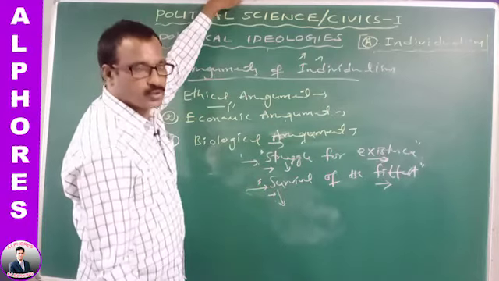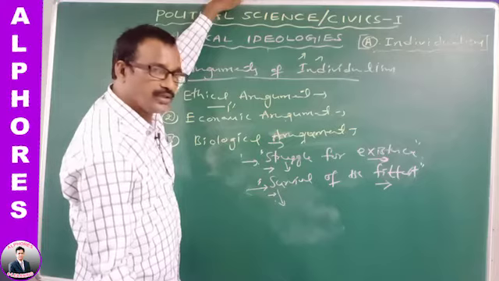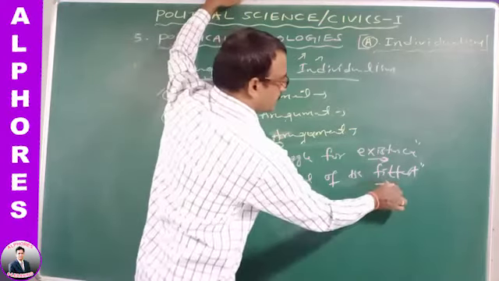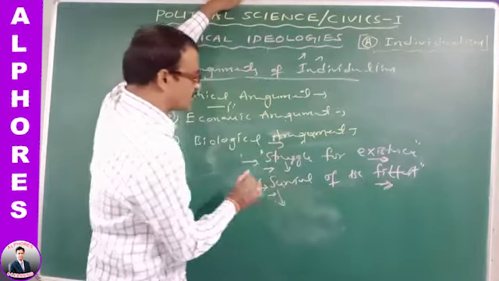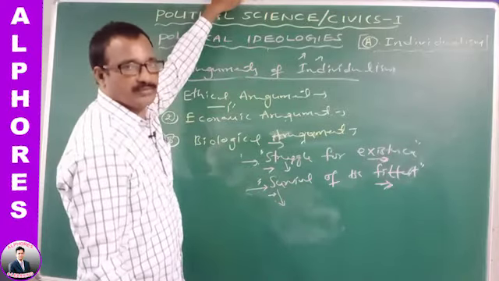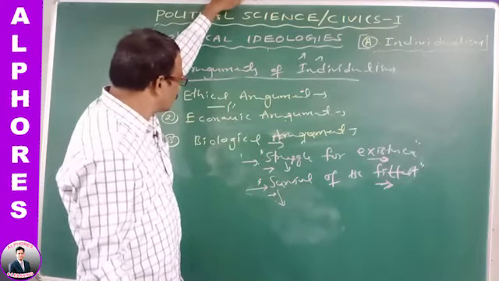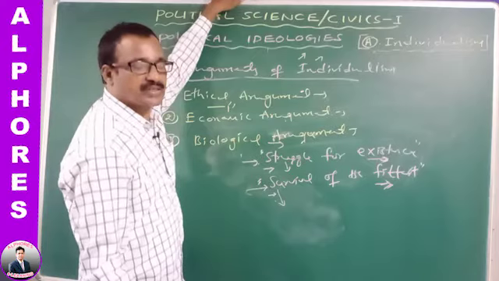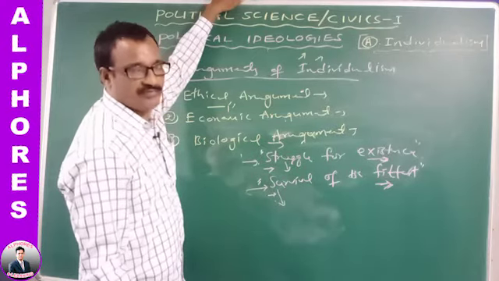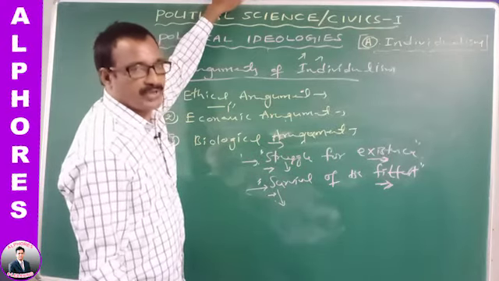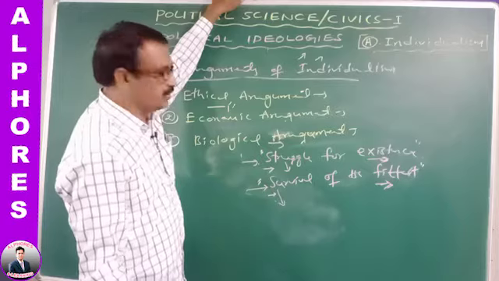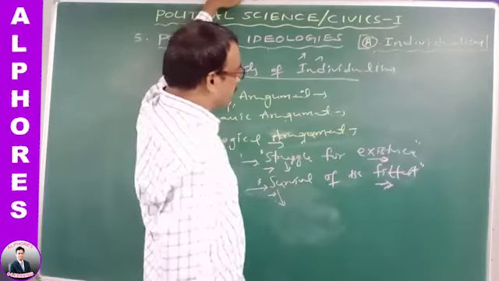Clear? So who will survive in society? Only the fittest persons, meaning the strong sections of the people, will survive. According to the biological argument, the weaker sections will disappear. Then when can society be developed?